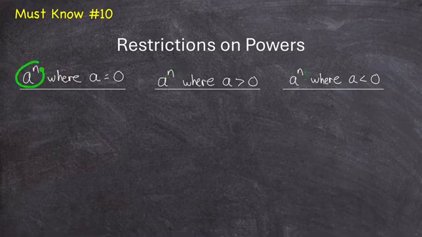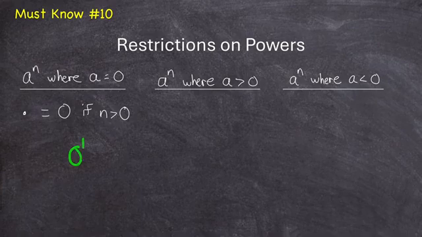Well, if we have a to the power of n where a is 0, that just means we have the power 0 to the power of n. That's going to be equal to 0 if the exponent n is greater than 0. So for example, 0 to the 1, 0 to the power of 2, 0 to the power of 100, or 0 to the power of any positive number is going to be equal to 0.